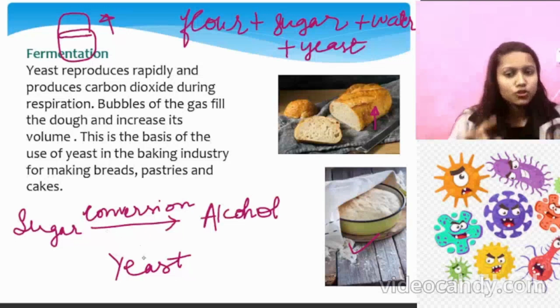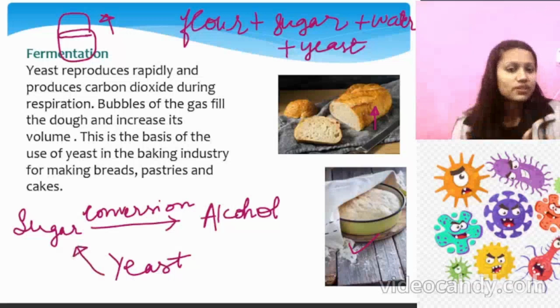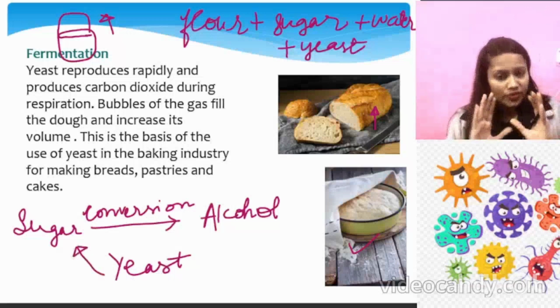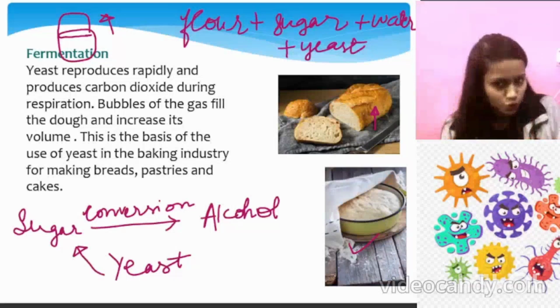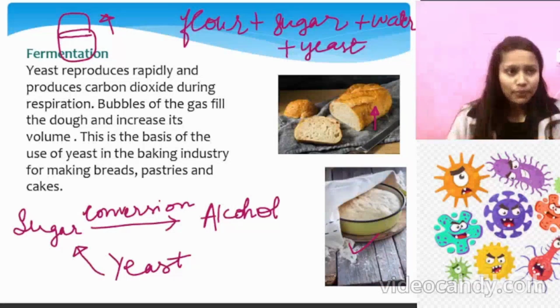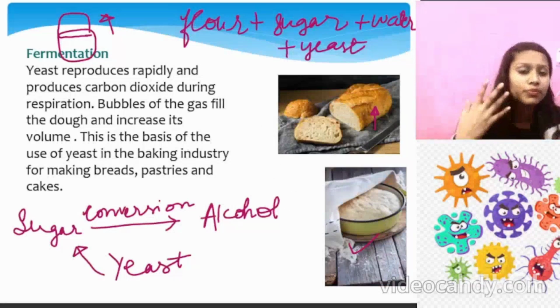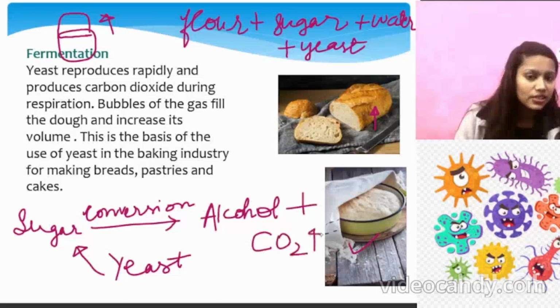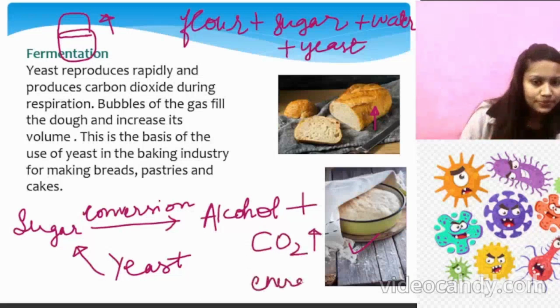When the yeast acts on the sugar that is naturally present in the flour, or that we have added to the dough, what happens? What is made here? Alcohol. Plus in this process, carbon dioxide is released, and energy is also released in this conversion process.